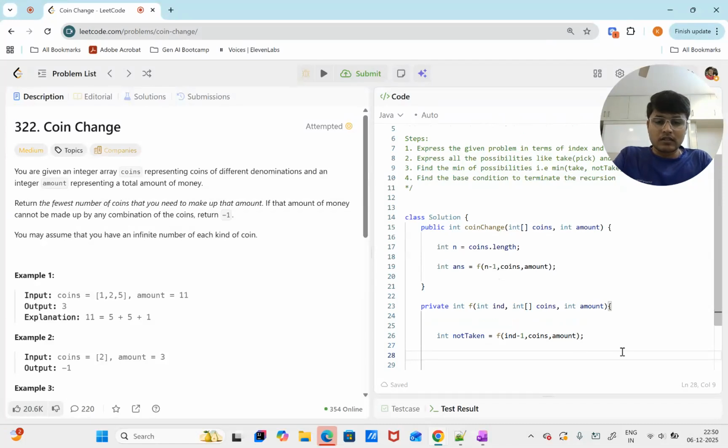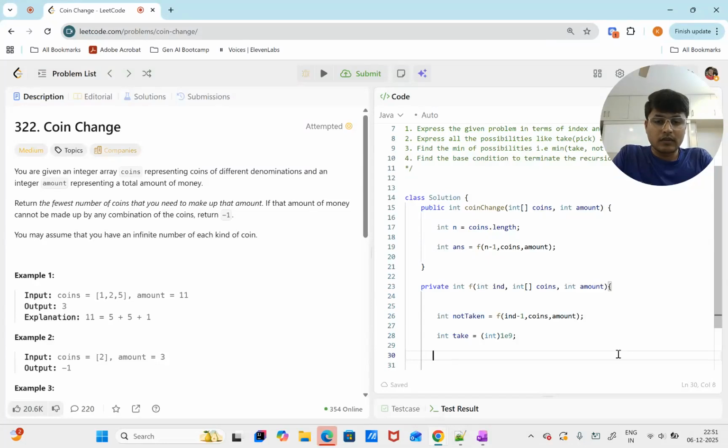And in case of take, as we want to calculate the minimum number of coins, we will consider 1e9, or Integer.MAX_VALUE.